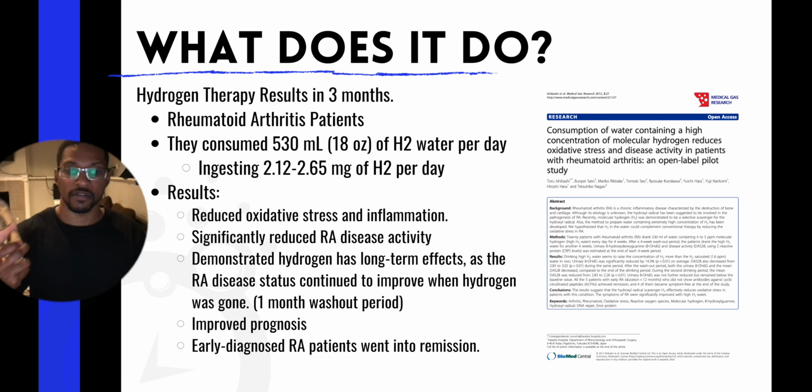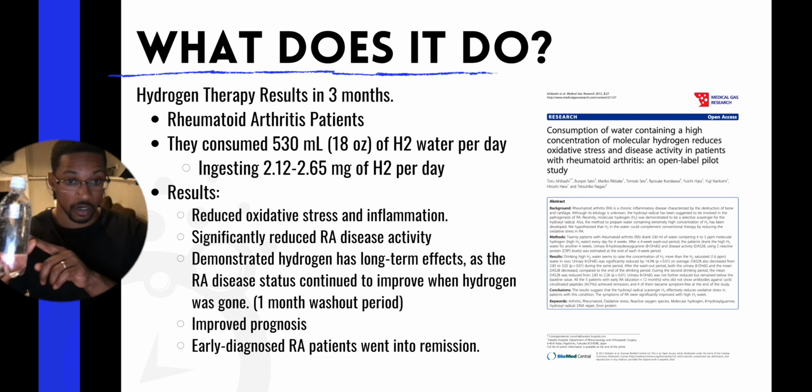They consumed 530 milliliters, or 18 ounces, of H2 water per day, ingesting 2 to 2.5 milligrams of H2 per day. So it would have been a high concentration again, about 4 to 5 milligrams per liter, or ppm, for this water.